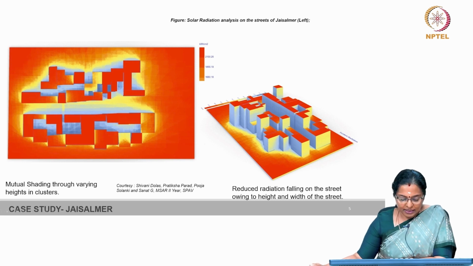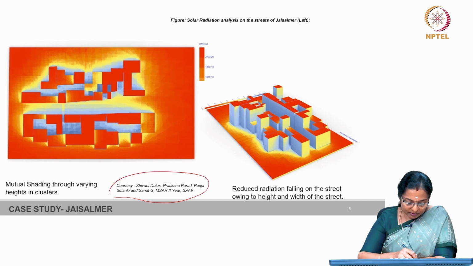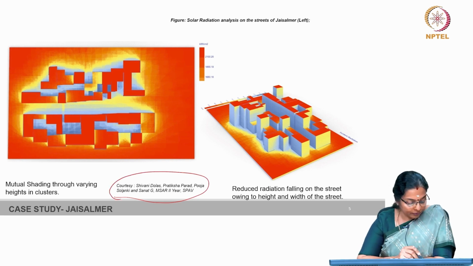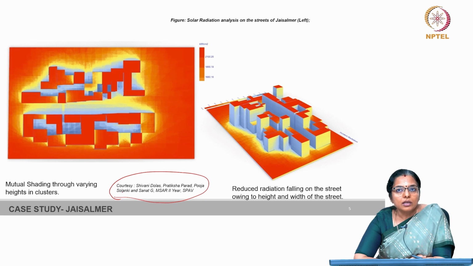A small analysis was done by a group of students, who made a small assessment of what mutual shading through varying heights in clusters can cause. It was found that the streets in Jaisalmer not only provide protection from the sun and the harsh winds, but also foster a comfortable environment for people to gather outside their houses.